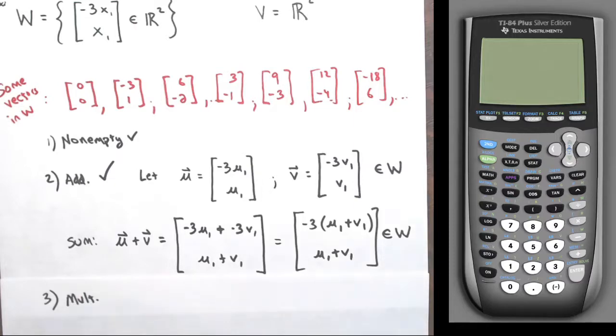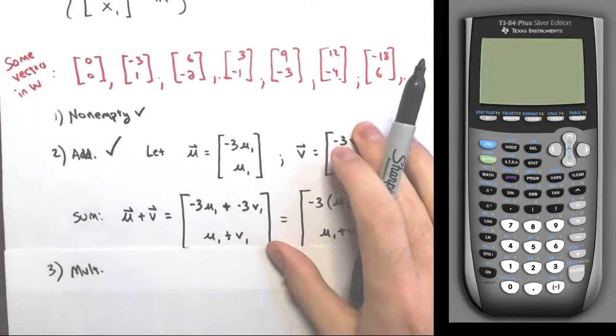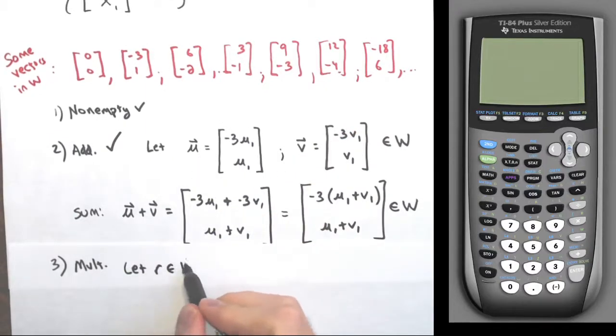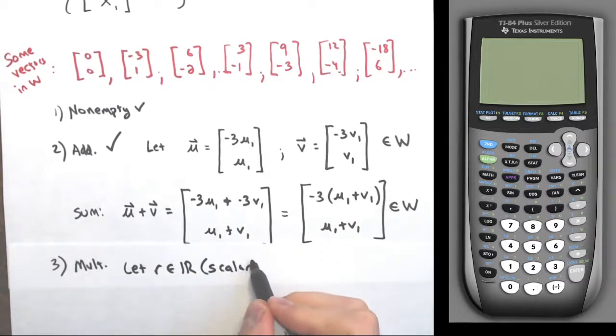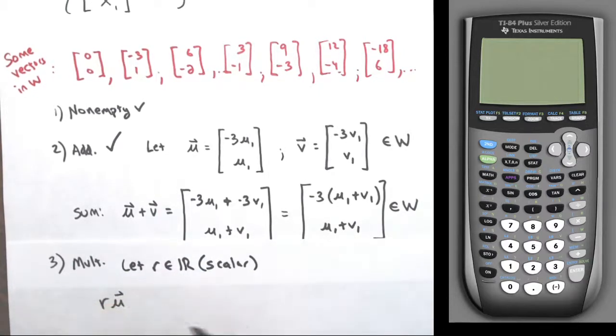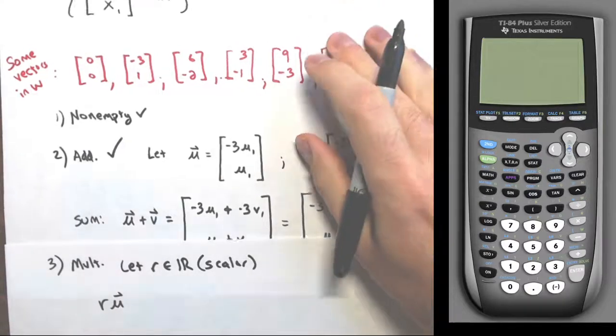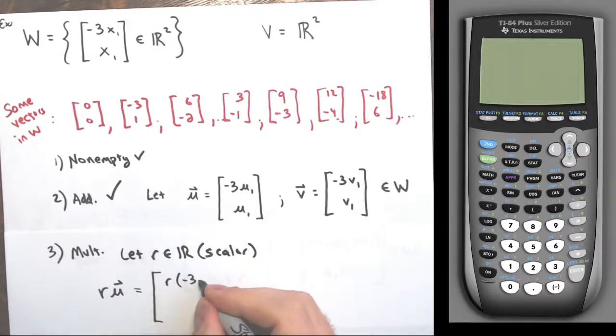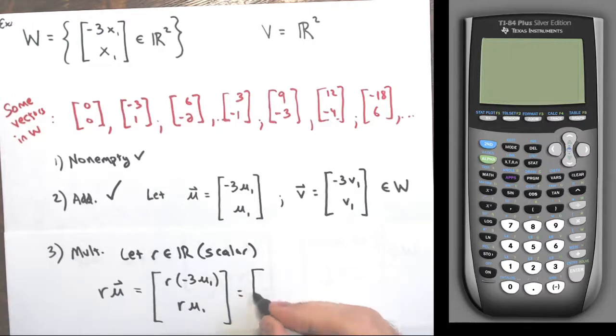All right, so again, I've got U here. Let's use this guy, and then let's do a scalar. Let R be a scalar, some real number. And then we're looking at R times U. Is R times U also in W? Does it take on this same form where the top component is negative 3 times the bottom component? That would be R times negative 3u1, R times u1. And yeah, you can, because u1 and R are both real numbers, and the real numbers are a field with multiplication and addition.